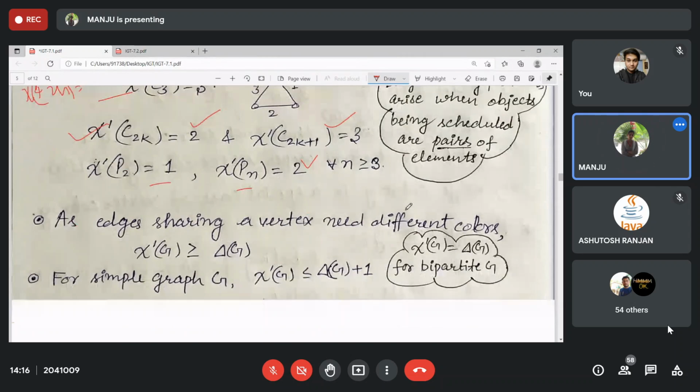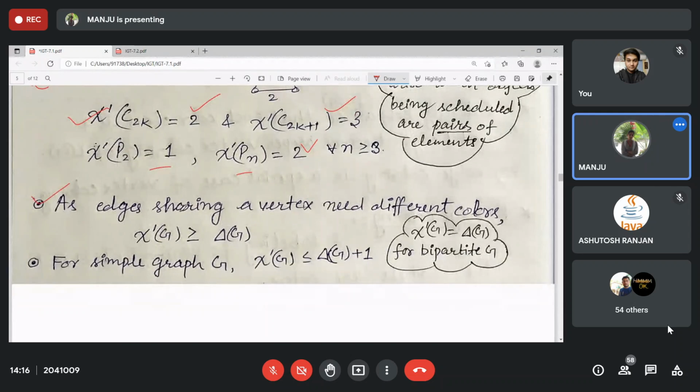Clear? You can just say that if delta is the maximum degree, then there exists some vertex with delta number of edges incident with it.